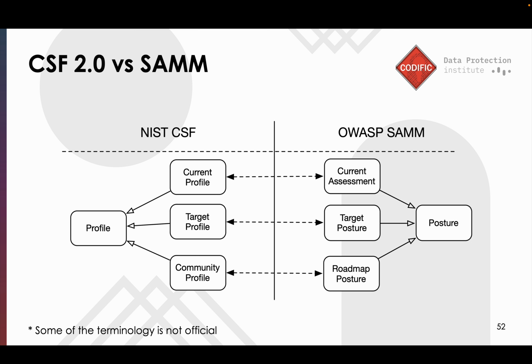Where are you today? Target profile in CSF is like a target posture in SAMM, where you want to be based on your risk. And the community profile concept in CSF is kind of what we call a roadmap posture in SAMM, something informed by others in similar contexts, helping you build your improvement plan.